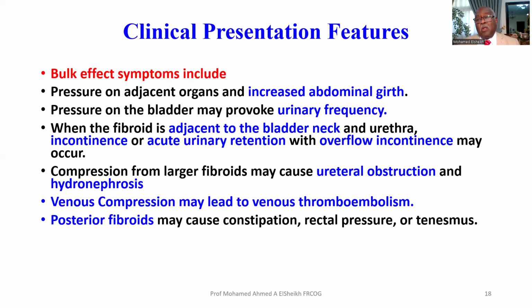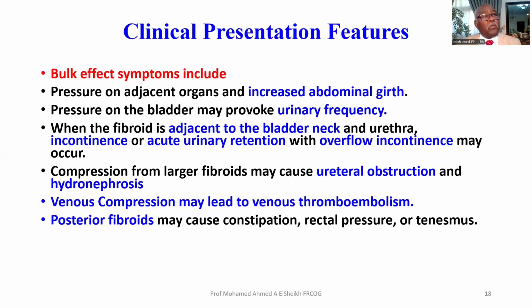So besides the presentations which we have mentioned, there are other presentations related to the position of the fibroid and its bulk effect on the organ to which it is adjacent. Pressure on the adjacent organs may lead to increased abdominal girth. Pressure on the bladder could lead to urinary frequency, or on the bladder neck and urethra could lead to retention with overflow incontinence.